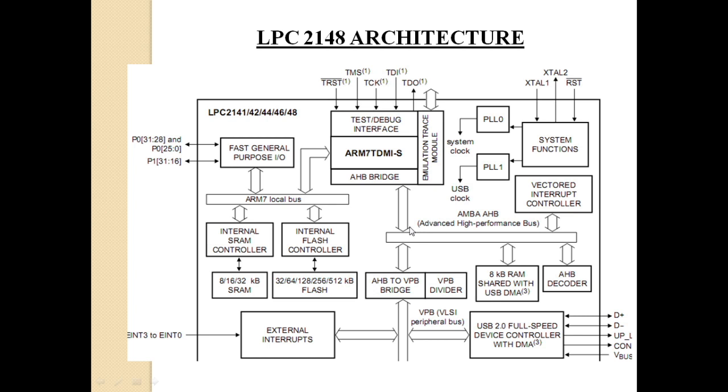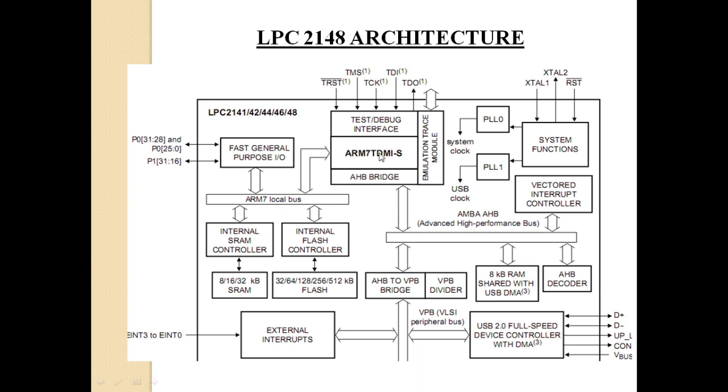Then from the AHB, how will you send the data to ARM7? Because the ARM7 processor is operating at the highest speed, AHB is operating at the next lower speed, and VPB is operating at again a lower speed. So how will you send the data from AHB to the processor? For that, you have the AHB bridge. The AHB bridge will do the conversion of data from the AHB bus format to the ARM7.